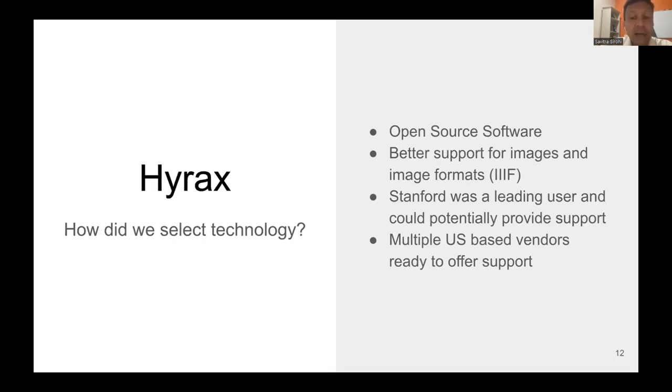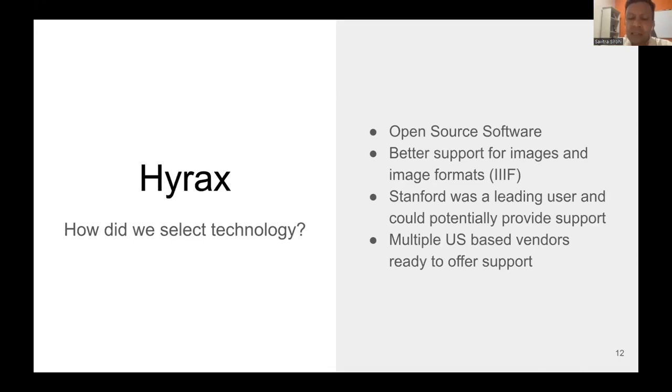There were also a couple of vendors available in the US, not too many, but not in India. This technology is not known in India. And we had some concerns about US-based vendors because of time zone. They are in the opposite time zone, right? When it is day here, it is night there. But speaking to them, we felt, okay, if there are issues, it'll be very rare.